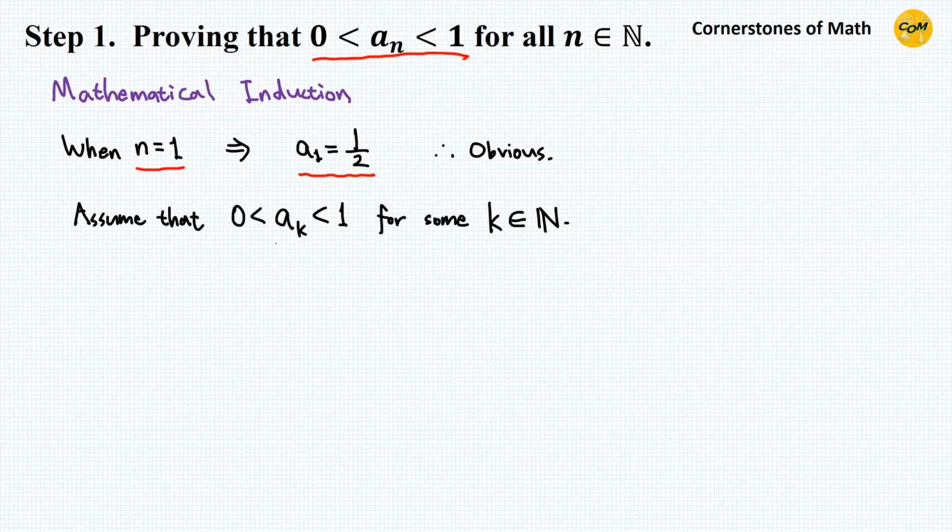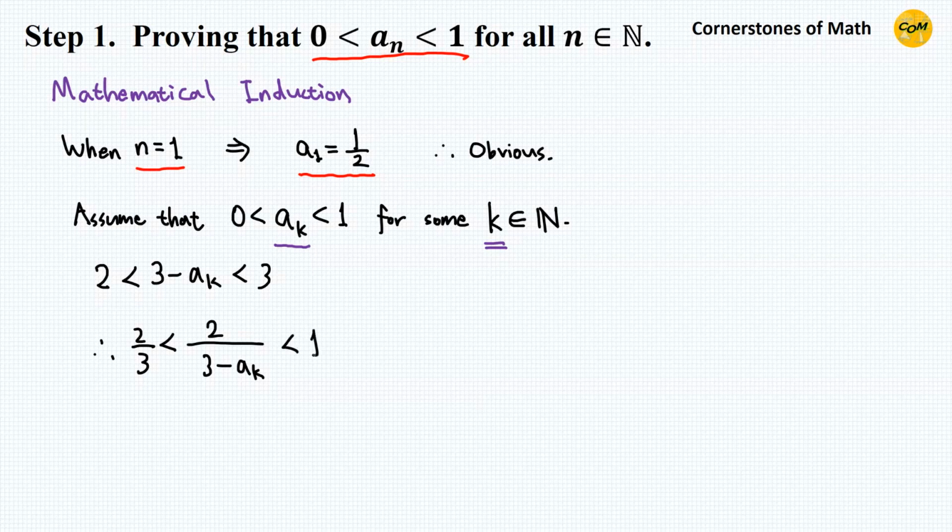Now assume that a_k is greater than 0 and less than 1 for some natural number k. Then, from this assumption, we have 3 minus a_k is less than 3 and greater than 2. So we have 2 divided by 3 minus a_k is greater than 2 over 3 and less than 1.